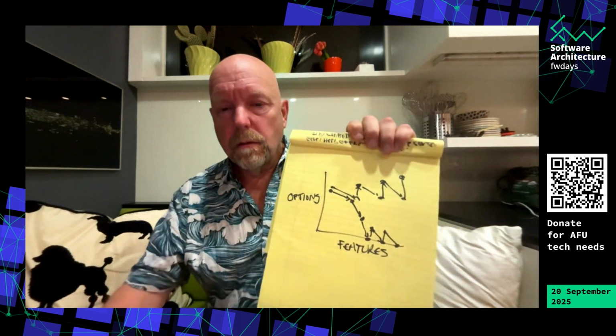The thing I'd like to emphasize about this upper trajectory is that if I don't look at all the details of what's going on during development, it looks like I have a system in which the features are improving day to day and the optionality is improving day to day.